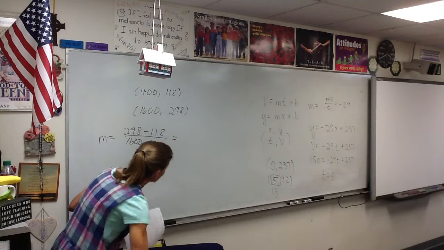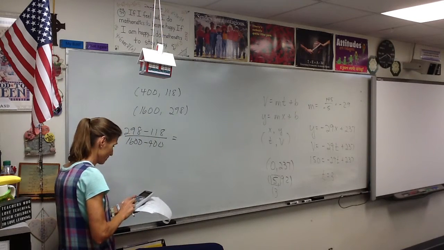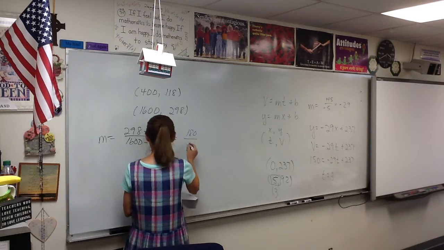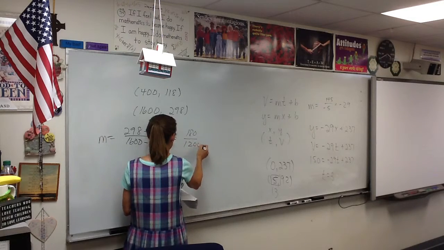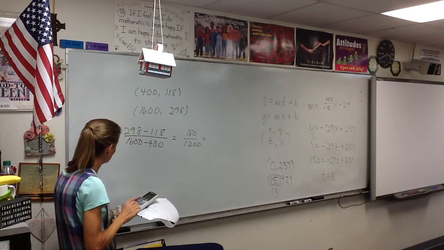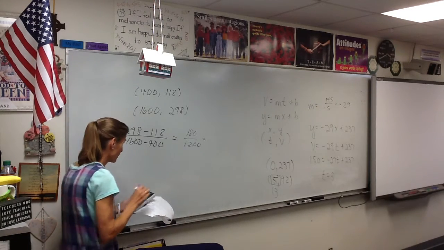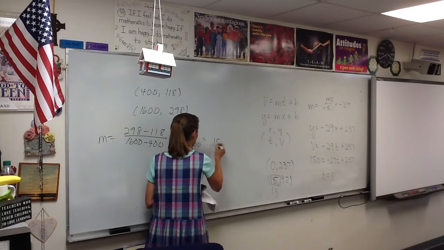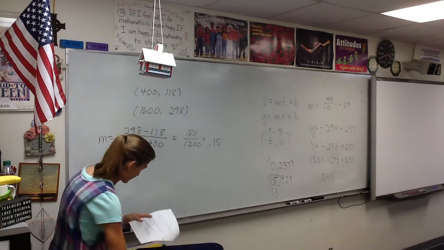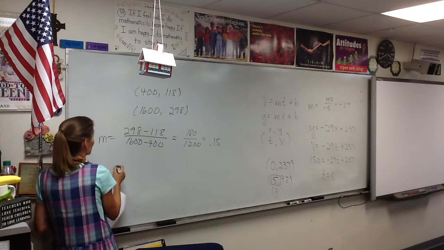All right, so let's see what that slope comes out to be. 0.15. If I did that right? So then I'll pick a point, I guess I'll use that one because it's got smaller numbers.